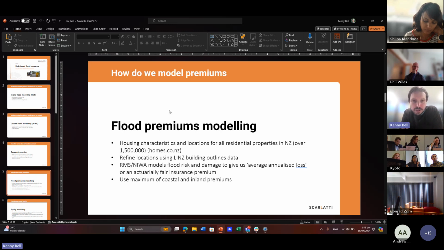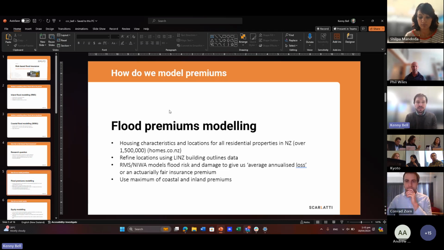So what we try and do is come up with a flood premium for every household in the country, covering both inland and coastal flooding. We get housing characteristics from homes.co.nz for residential properties, and do some modelling to refine those locations using Lynn's building outlines so that the dot's actually in the right place. And then most of the heavy lifting is done by the scientists.